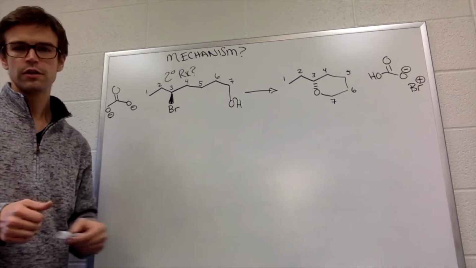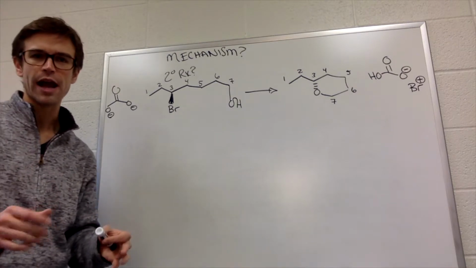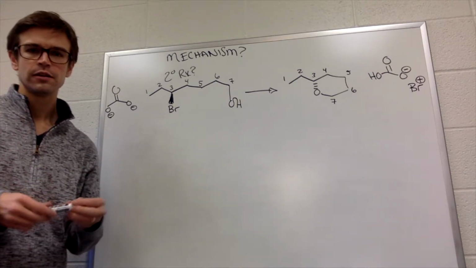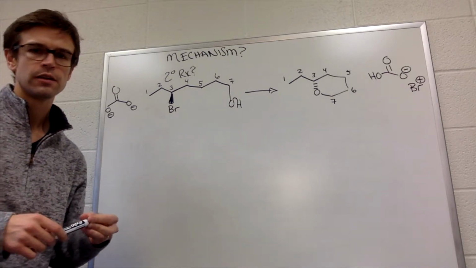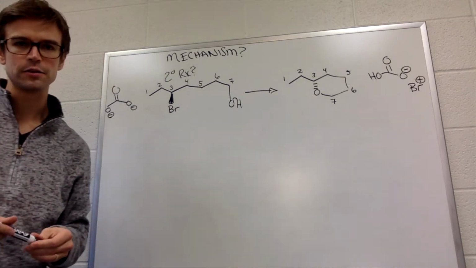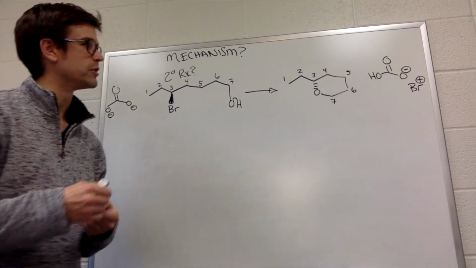It's neutral. But this has to be an SN2 reaction. How do we know that it's an SN2 reaction? Think about that for a second. The product, right? What about the product tells us that it's an SN2 reaction? The stereochemistry changed.